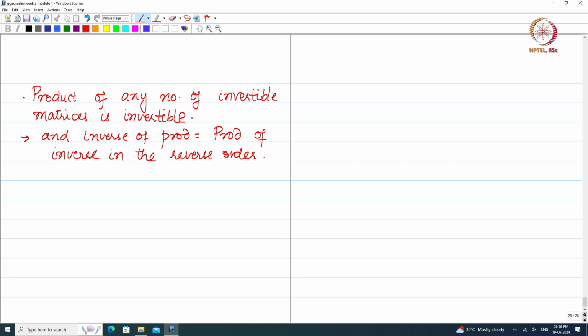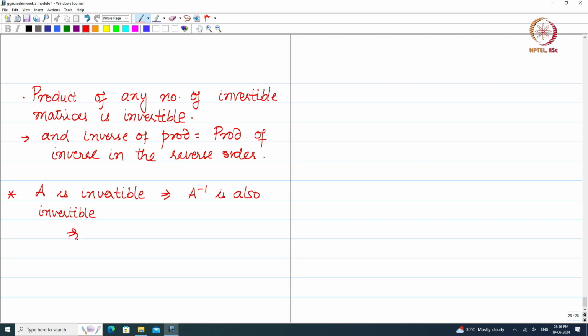If A is invertible, then A inverse is also invertible. That is, the inverse of A inverse is A.